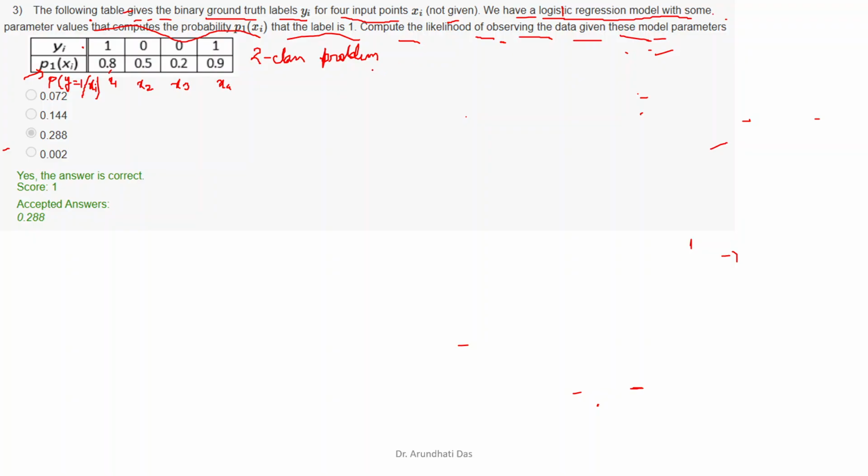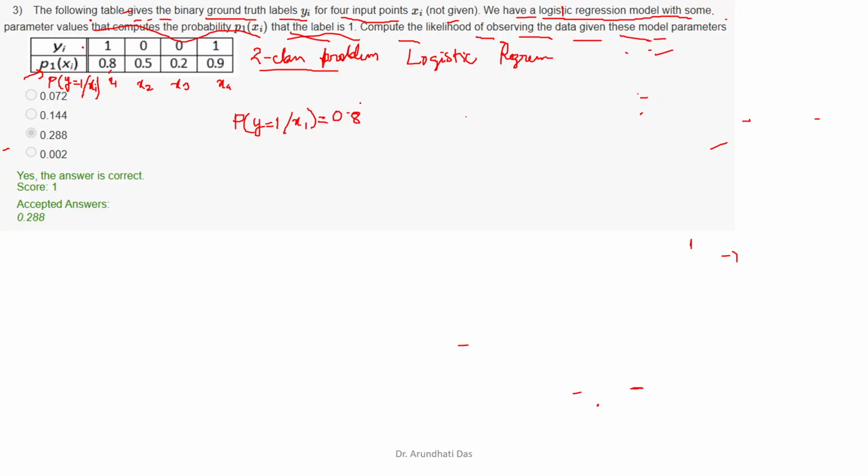So what is the likelihood of observing the data? As we have seen, this is a two class problem of logistic regression. What is actually given is the probability that the label is 1. For the first data point, that probability is 0.8.